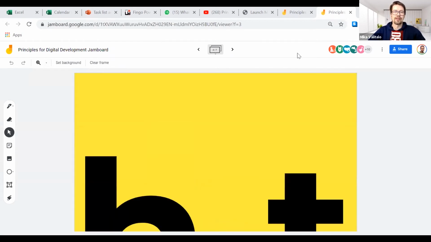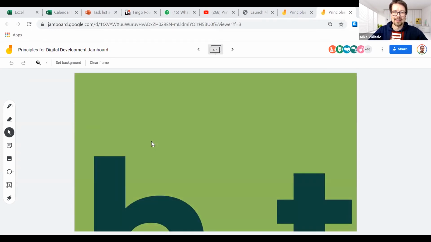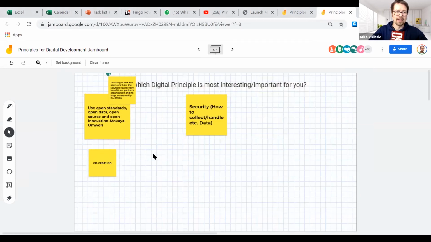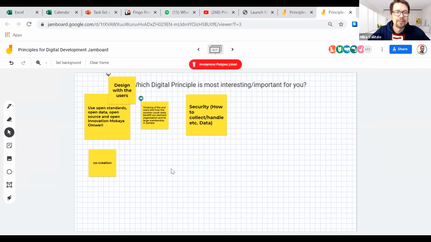Okay, now there's a very, very big sticky note here. I have to delete that one. Sorry, whoever had it, please rewrite it so that it won't block the whole screen.